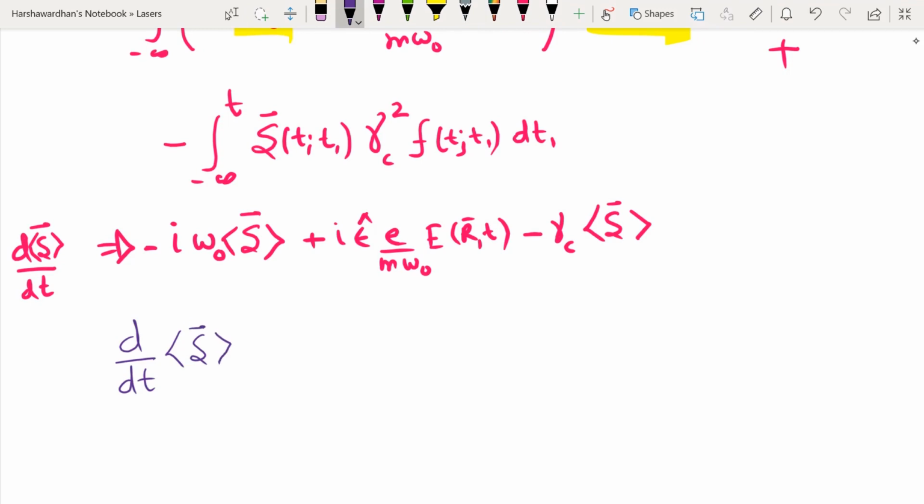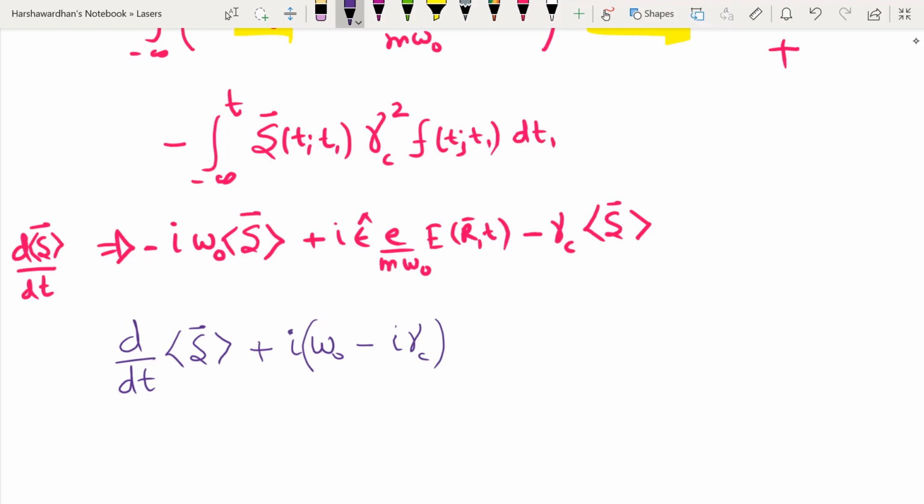Now I'm collecting and writing in a form that is quite equivalent to what I had earlier. So plus i omega naught, and I have got gamma c there. So I have pulled out i. So I can write this as omega naught minus i gamma c.